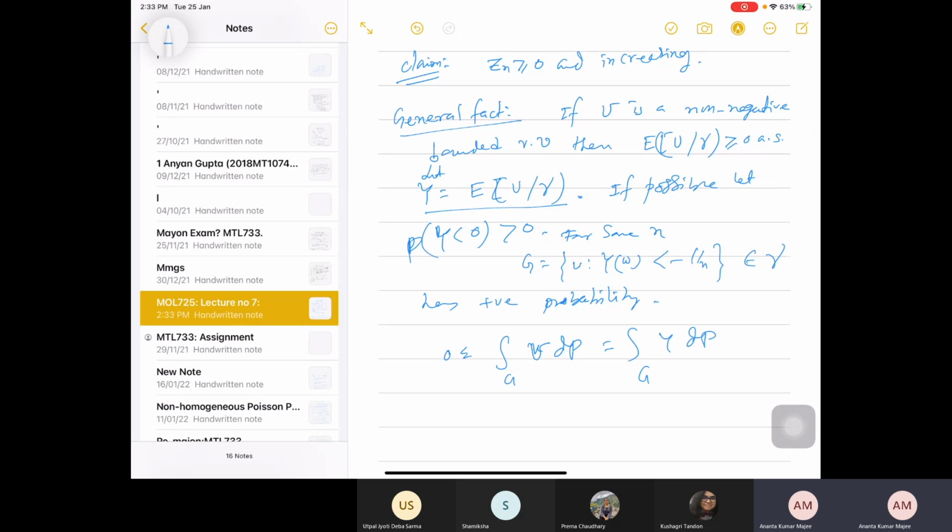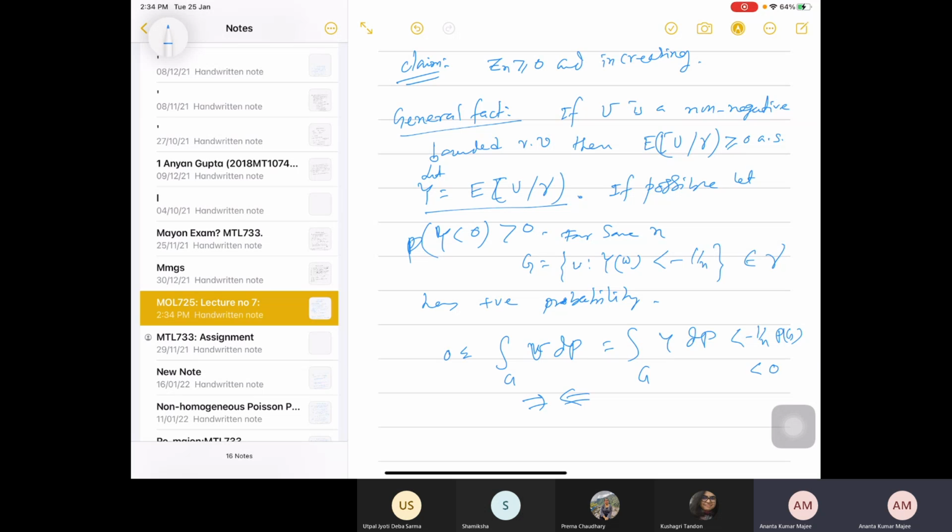This is the same as the integral over g of y dP, because y is the conditional expectation of U given nu, and g is a nu measurable set. Now on the set g, this should be less than minus 1 by n times the probability of g. Since the probability of g is positive, this part is strictly negative. So we have 0 less than or equal to something strictly negative, which is a contradiction.